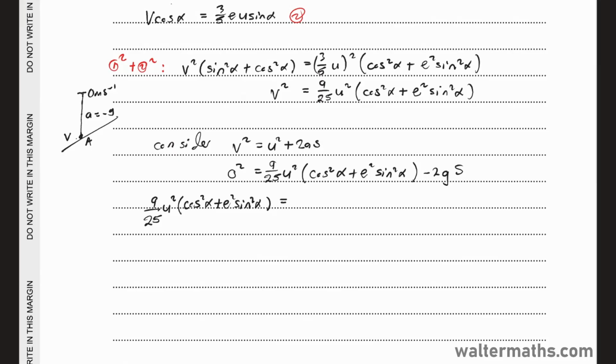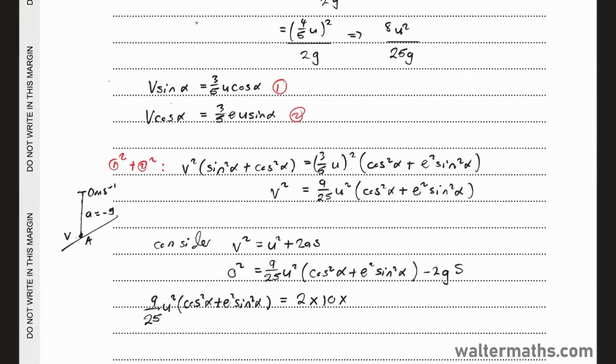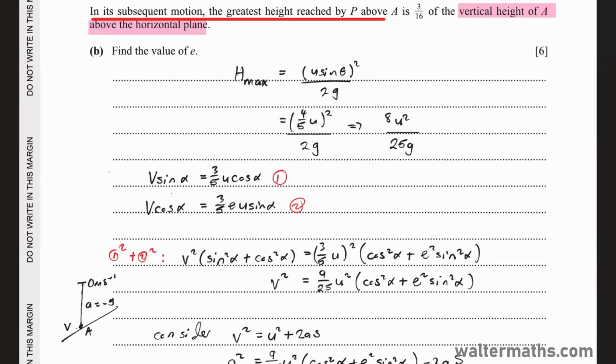Okay, so 2gs is 2 times 10 times s. Now, s is the height. According to the question, it is the greatest height reached by P above A, which is 3/16 of the vertical height of A above the horizontal plane.